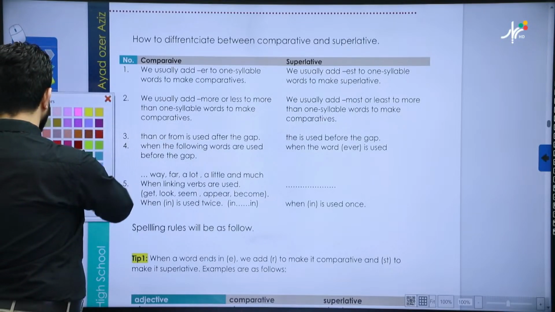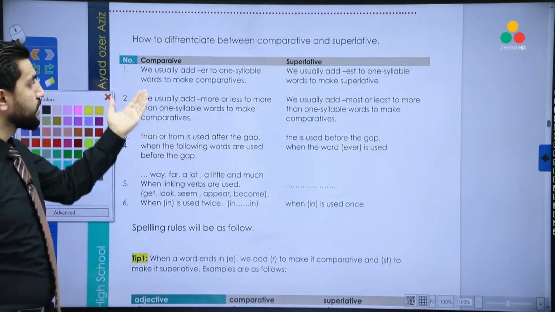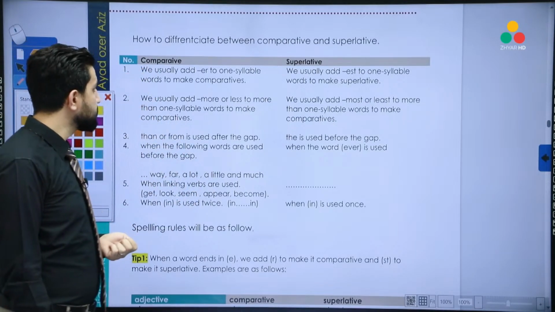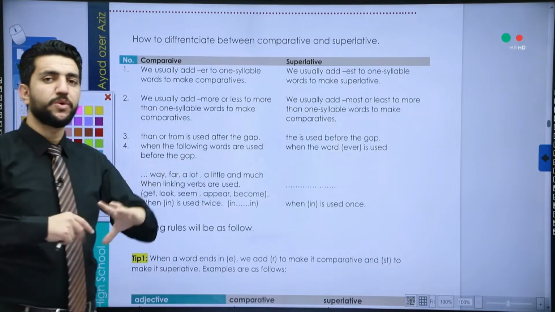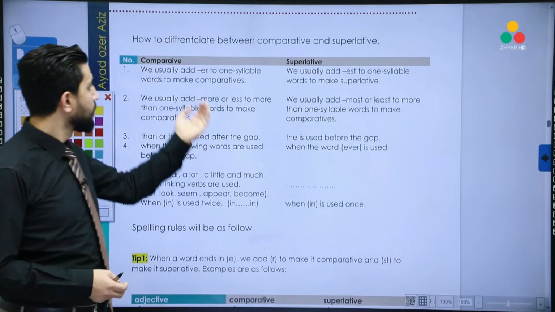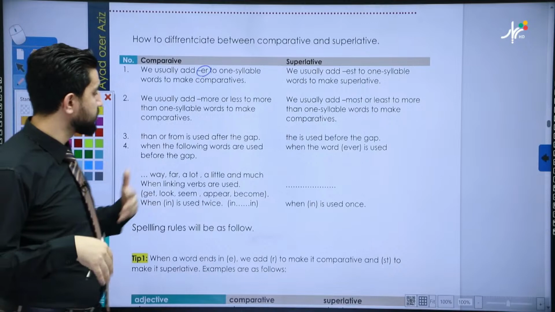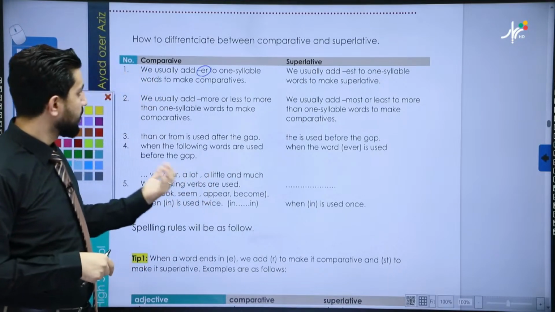First point, comparative. We usually add ER to one-syllable words to make comparatives. So when we have a one-syllable adjective, we add ER. We'll get to more detail about this later.